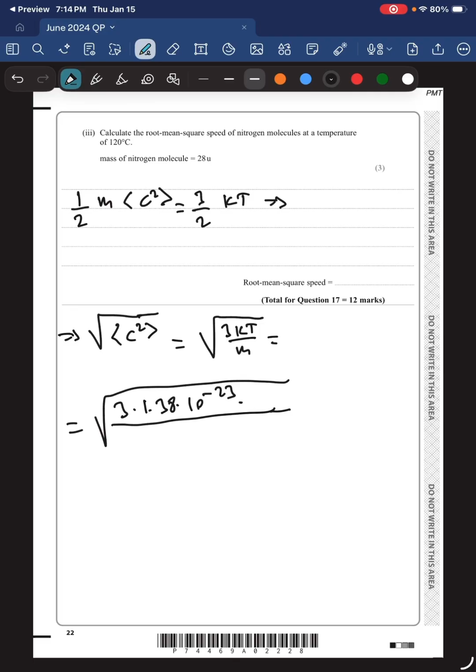Again, please convert to kelvins, 393, and then 28 atomic mass units, which is 1.66 times 10 to the negative 27. And if you go through all this trouble, you will find 591.6 meters per second, which is a really high velocity.